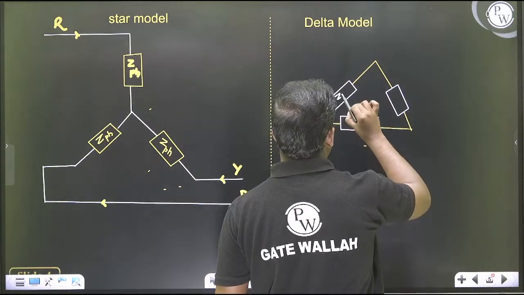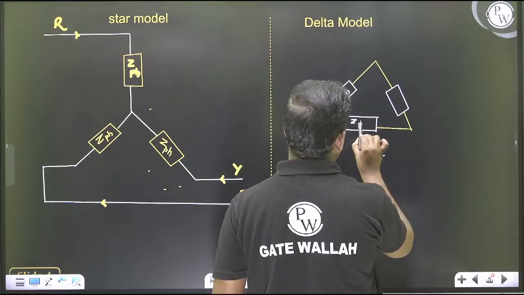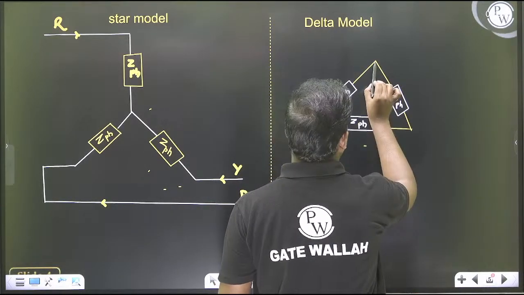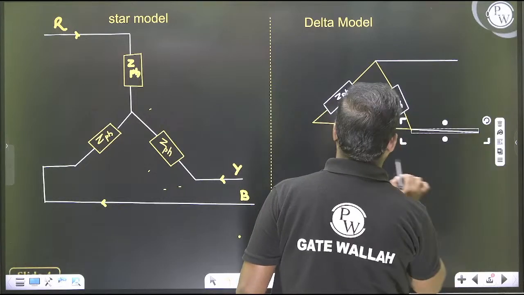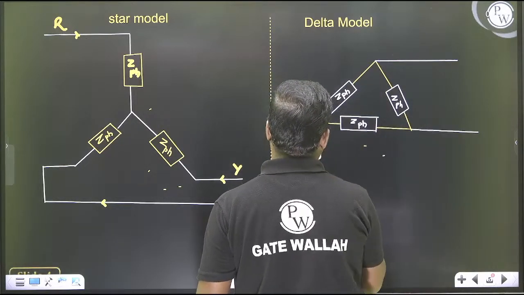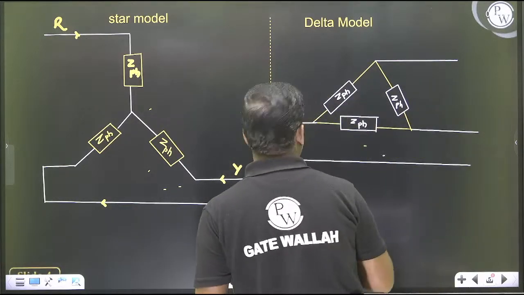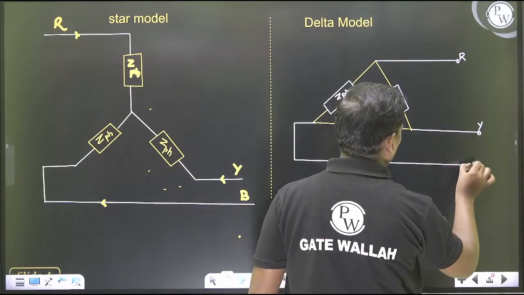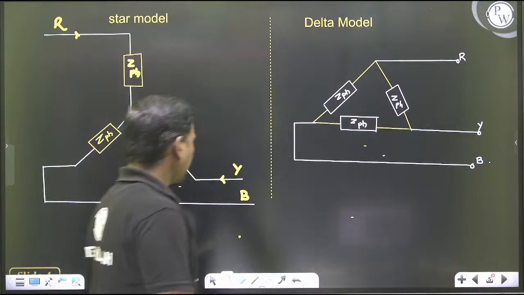This is the phase. So this is the R, this is the Y, this is the B. Okay.